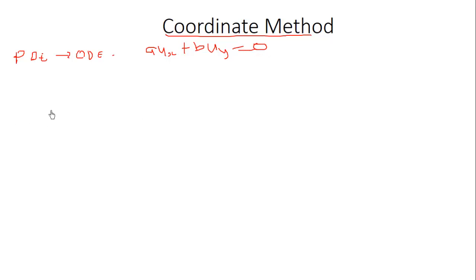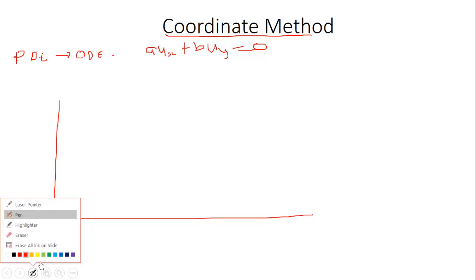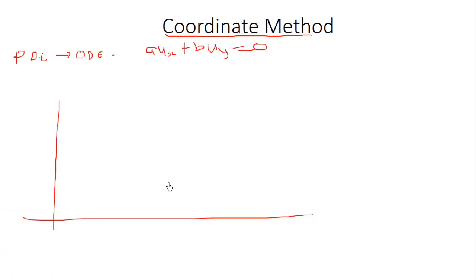Earlier on, we've seen that the directional derivative vanishes along the vector v = (a, b). So we make a change of variable such that the new x-axis will be parallel to the vector (a, b). Then the y will be parallel to the vector (b, minus a).